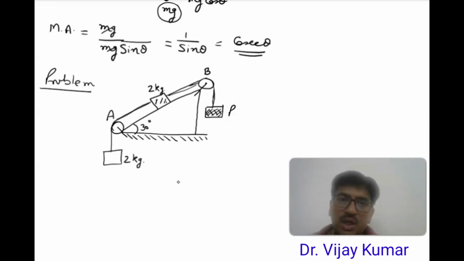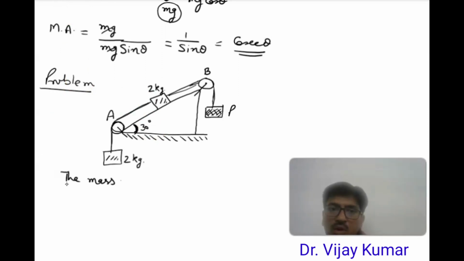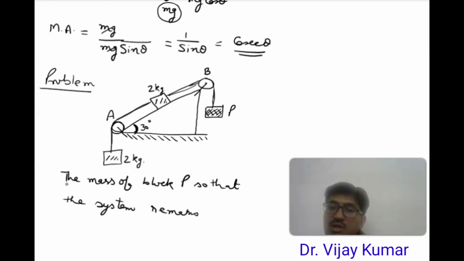This is pulley A, and a 2 kg weight is hanging by the help of pulley A. The angle of the inclined plane is 30 degrees, and we have to determine the mass of block P so that the system remains at rest.